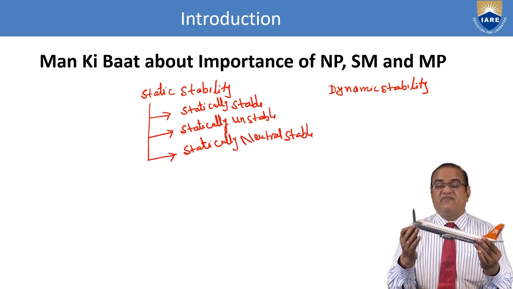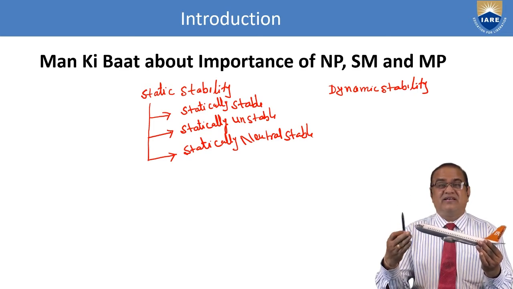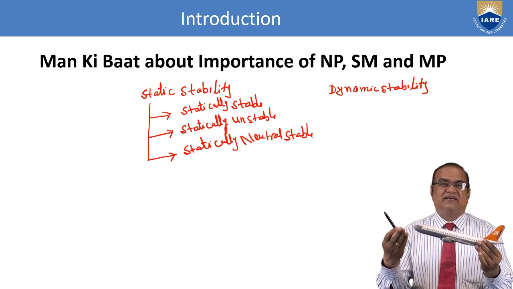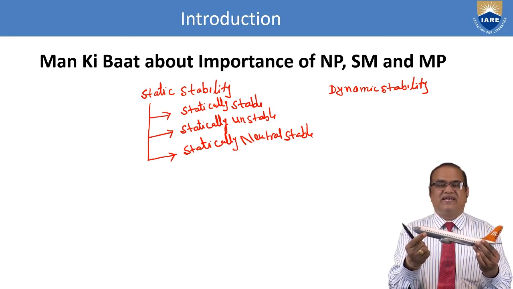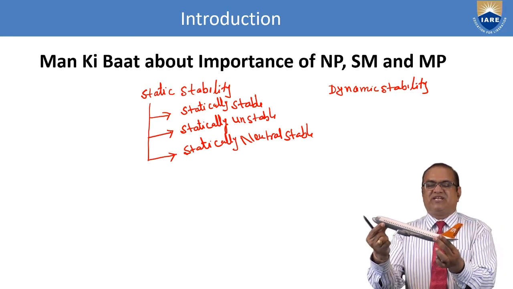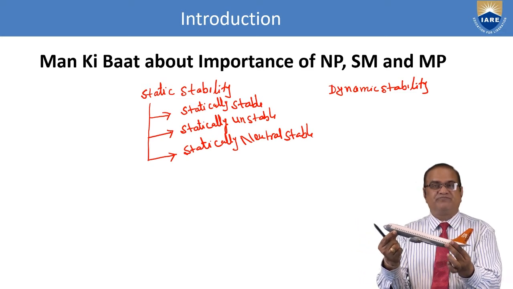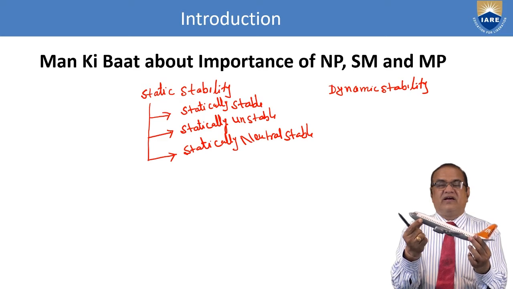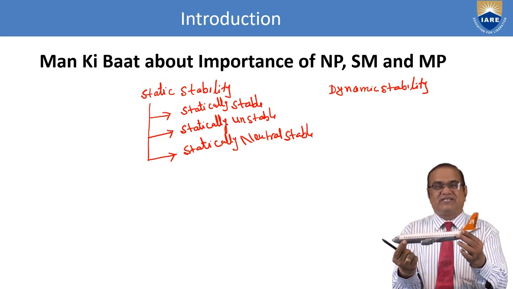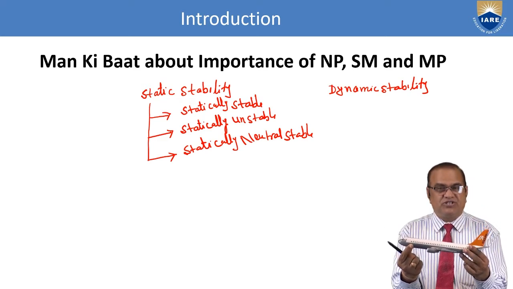There are three types of actions the aircraft may face. Either it will remain in the same disturbed position, or it is going upward, or it is going towards its equilibrium or original position.